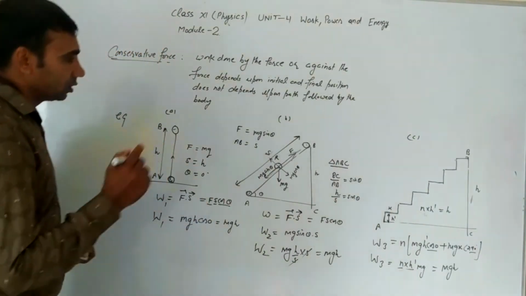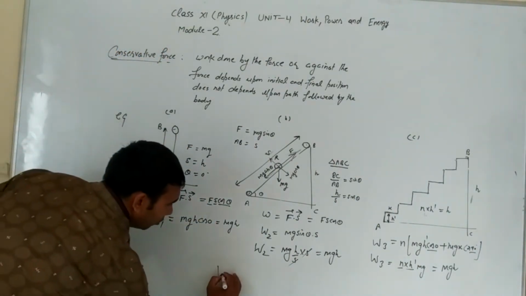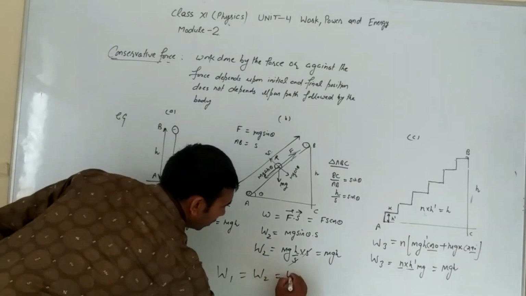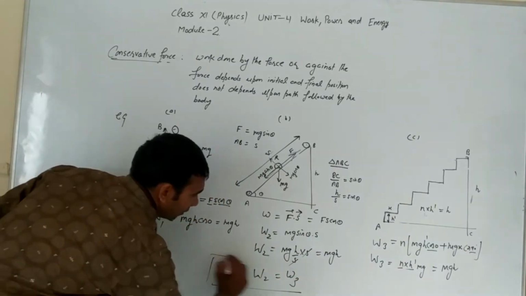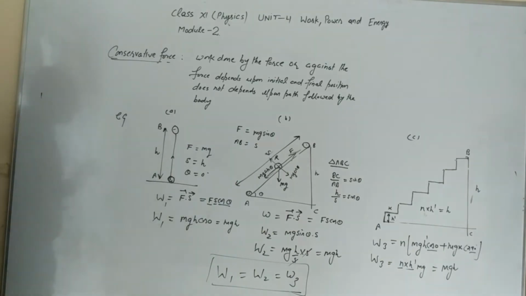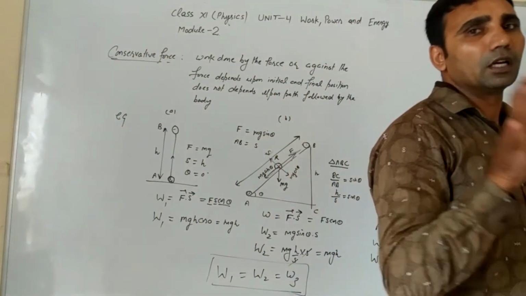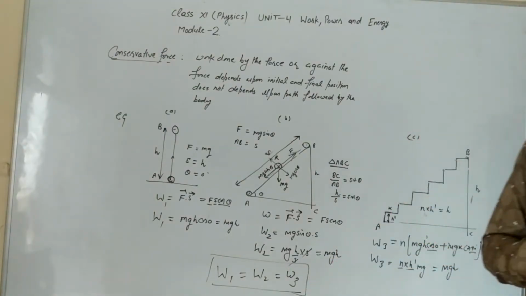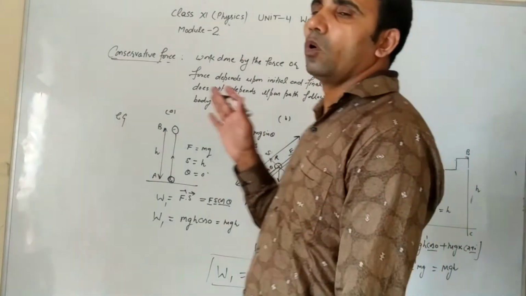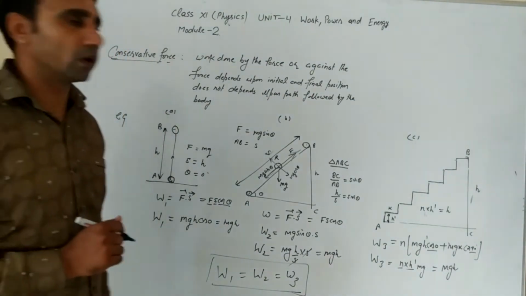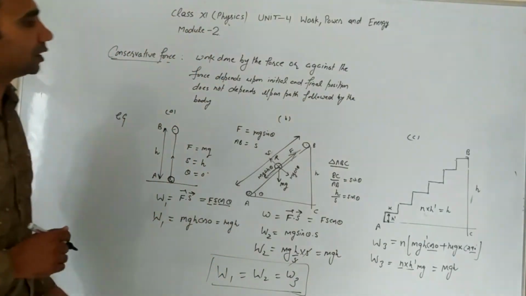So in all these cases, W1 is equal to W2 is equal to W3. So work done depends upon the initial and final position, and doesn't depend upon the path followed by the body. So work done by such a force is a conservative force.